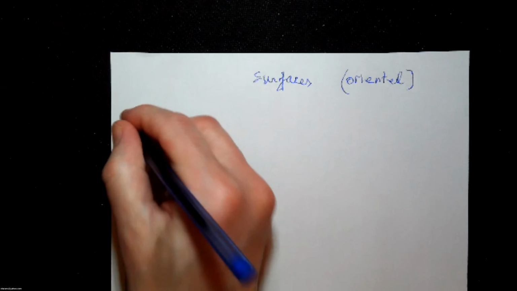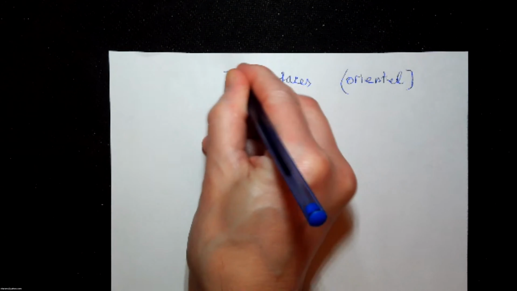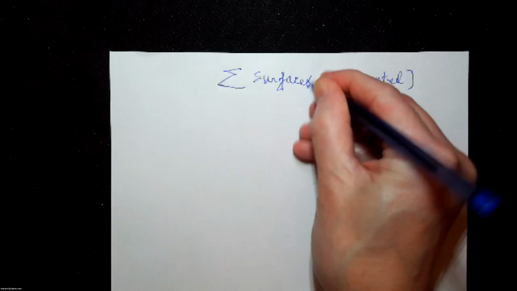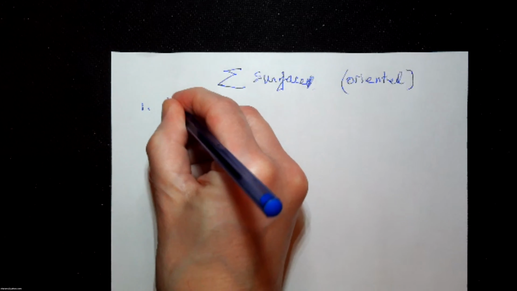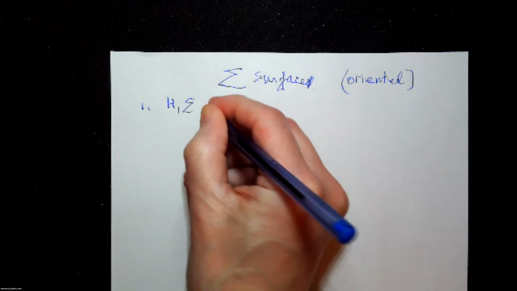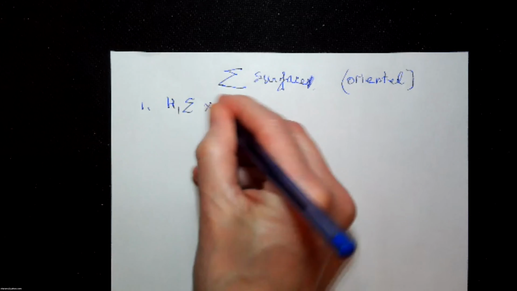First structure, if you have one surface, say sigma is a surface. The first structure is homological intersection.